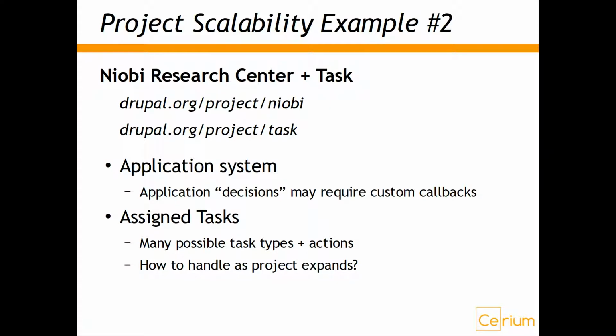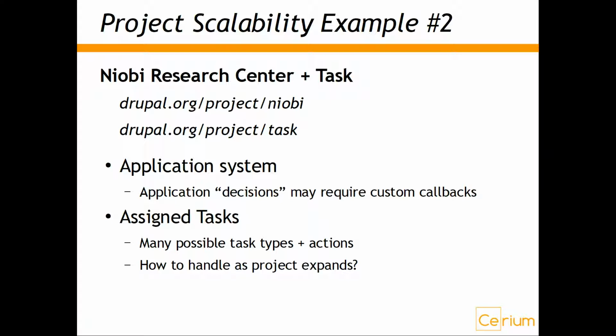In a typical research environment, there are a lot of very different things you have to assign people to. And part of task is you can render action buttons to say, I did the task, or I need help with this task, or I'm not doing this task for whatever reason.